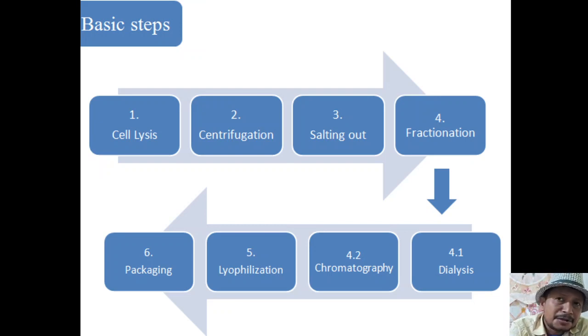Ion exchange chromatography relies on the charge present in our protein of interest. And lastly, affinity chromatography relies on the binding affinity, how strong the binding is between our enzyme of interest and the ligand embedded in the matrix.